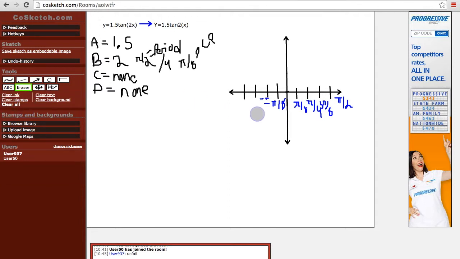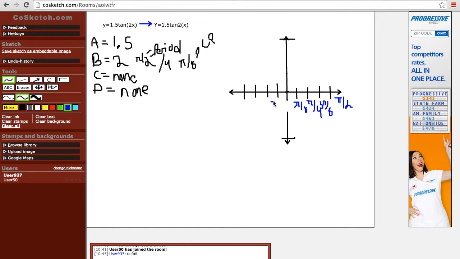And since there's no movement in the x-axis or the y-axis, there's not going to be a change in the middle. Let me finish labeling this real quick.